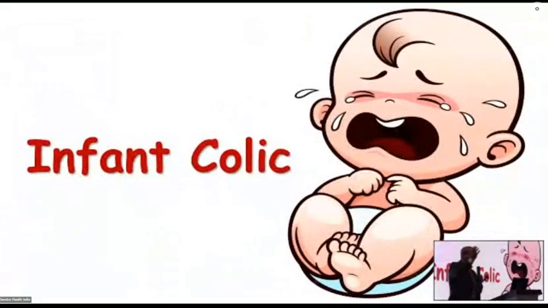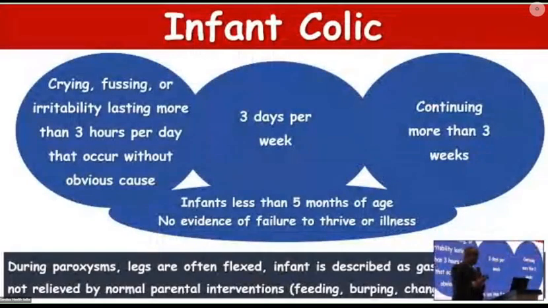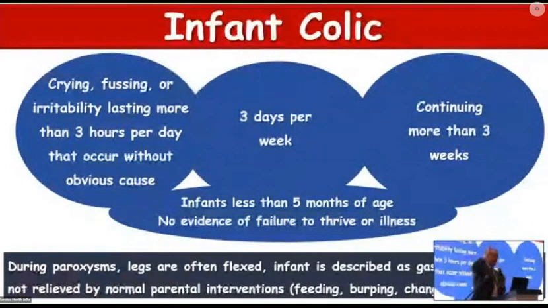Now I'll discuss with you some of the painful conditions. First of all is infantile colic. Infantile colic is diagnosed according to Rome criteria as follows. The baby has crying, fussiness, or irritability lasting more than 3 hours per day without obvious cause.